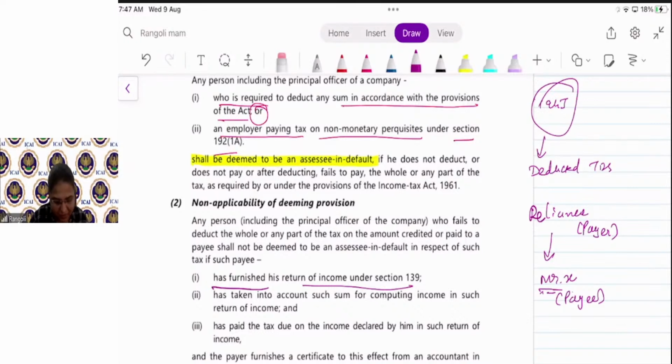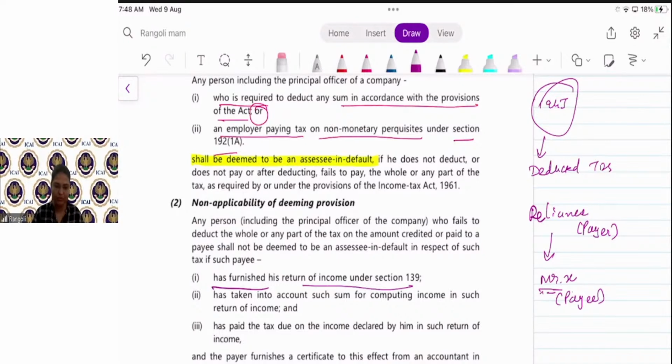My dear friend, if the payer fails to deduct TDS, then the payee will not pay TDS. He will pay self-assessment tax or advance tax on that income. Because while calculating your final tax liability, you need to consider that income and calculate the tax liability, and if no TDS is deducted, then the tax liability should be paid by you, because ultimately it is your income.